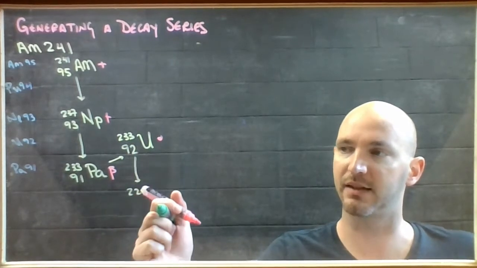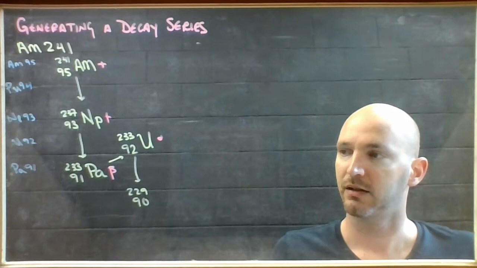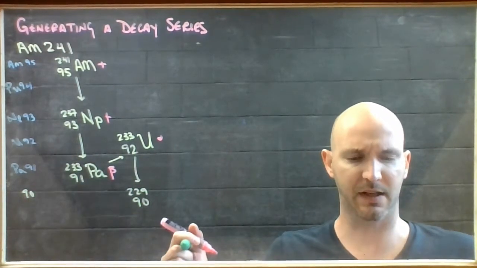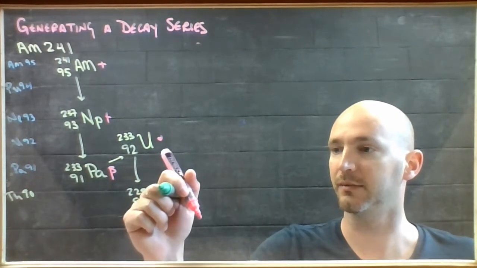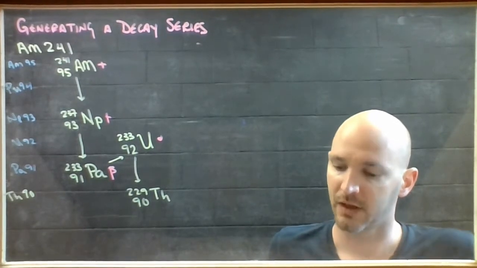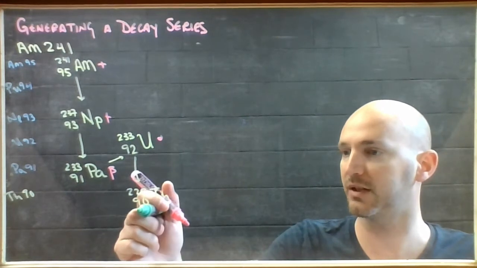And if it sheds 2 protons, I'll be down to 90. So notice that this is in the row for 90 protons, and things with 90 protons are called thorium. So it's thorium-229.